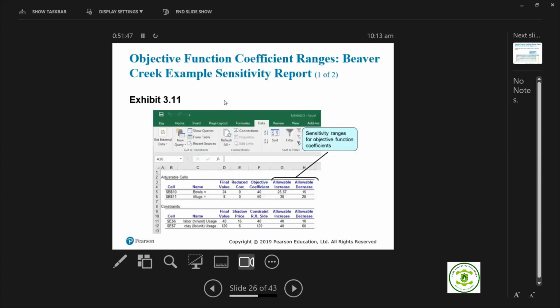So if you go to your Excel solution, one of the sheets is the sensitivity report. Sensitivity report 1, okay? You will see something like what we have on the board.